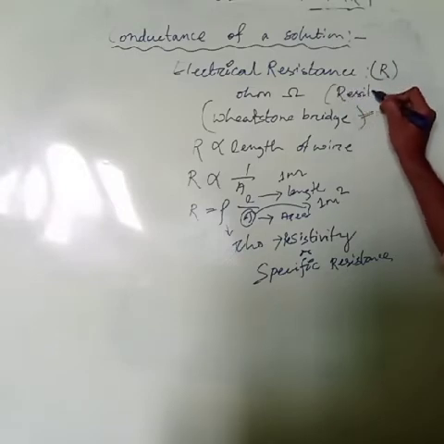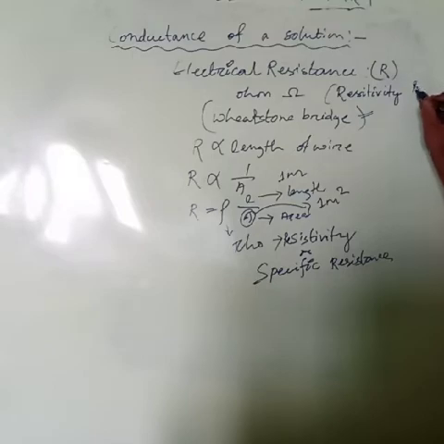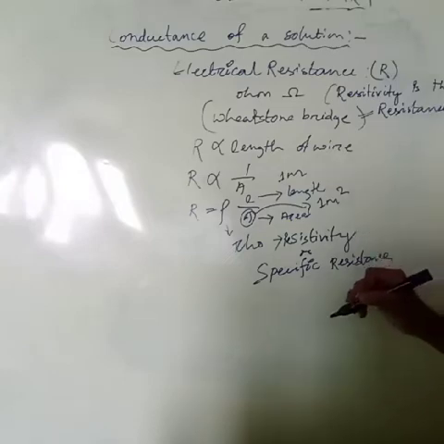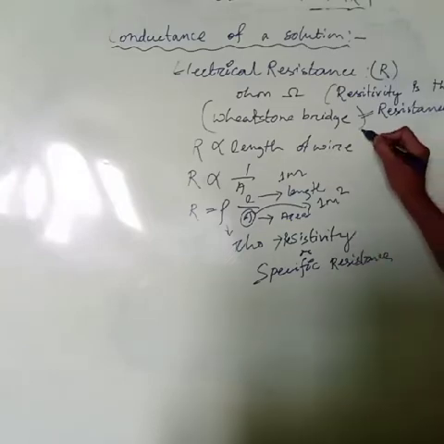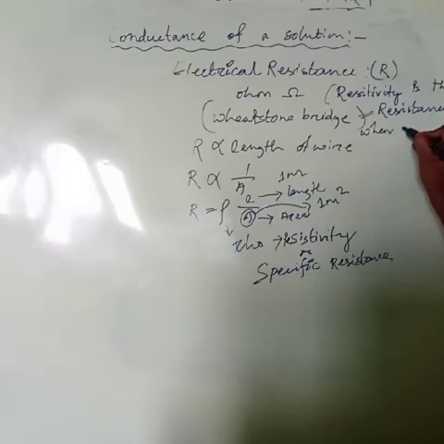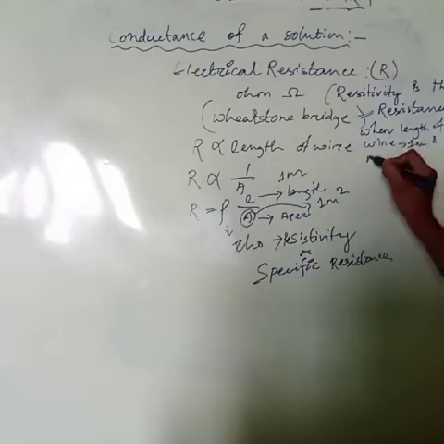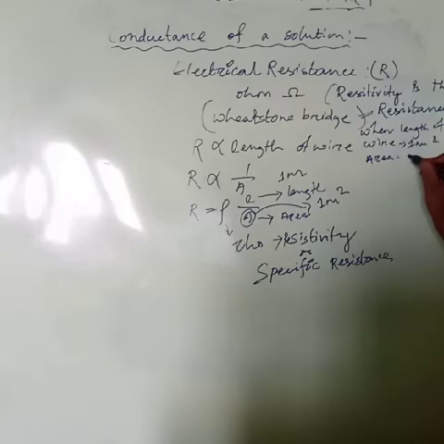Resistivity is the resistance when the length of wire is 1 meter and the area is 1 meter square.